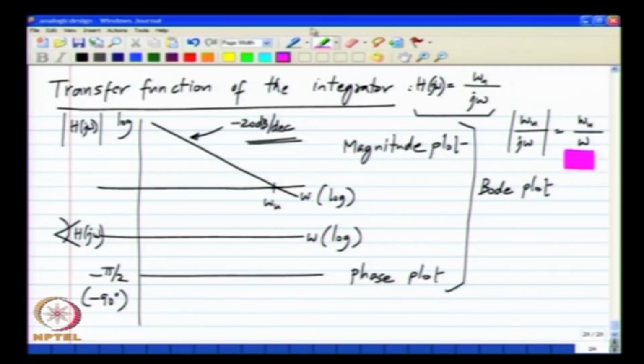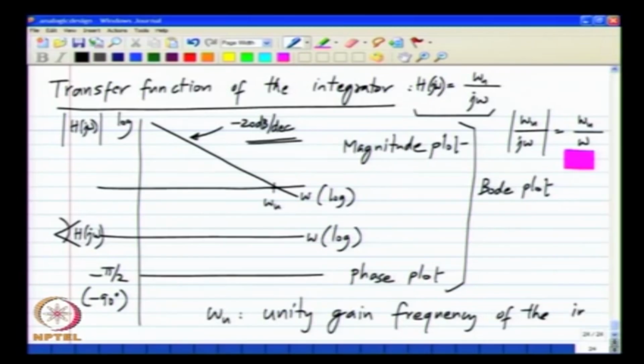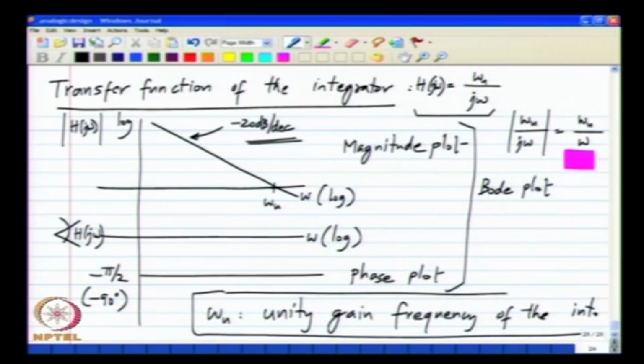So, this is what the transfer function of the integrator itself looks like, and like I mentioned, omega u is the unity gain frequency of the integrator. Okay. So, this will be a crucial parameter that will govern the behavior of negative feedback system that we build using this integrator.